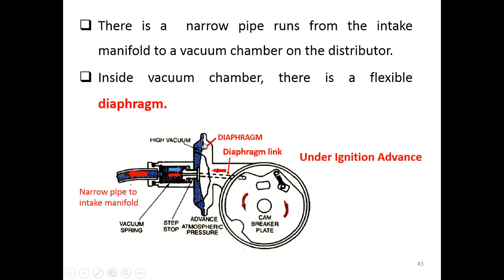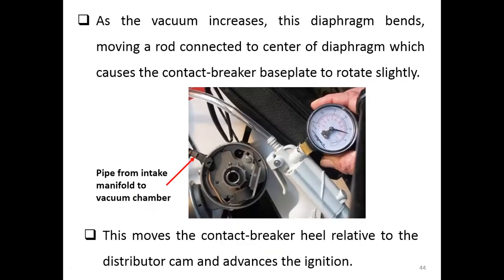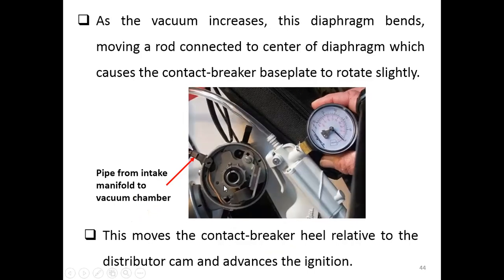And when this diaphragm moves, since it has a link with the cam breaker plate, the breaker plate will turn left or right, alternately. This shows you here. See, sometimes it turns left, sometimes right, left and right.